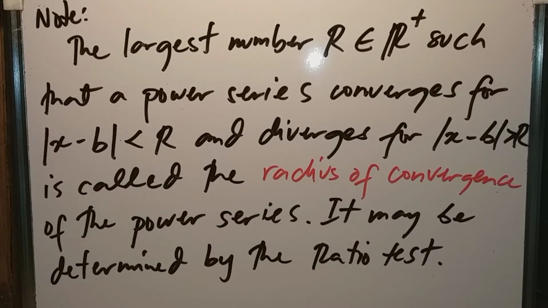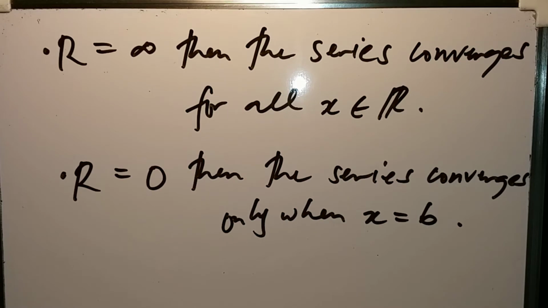It may be determined by the ratio test. If the value of R is equal to infinity, we can say that the series converges for all x element of R. And if R is equal to 0, then the series converges only when x equals b.